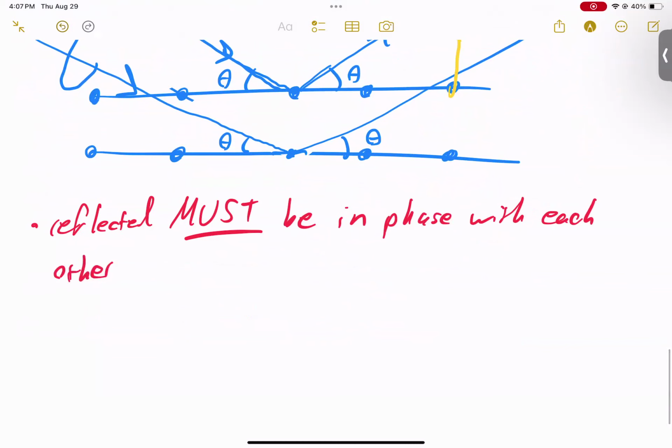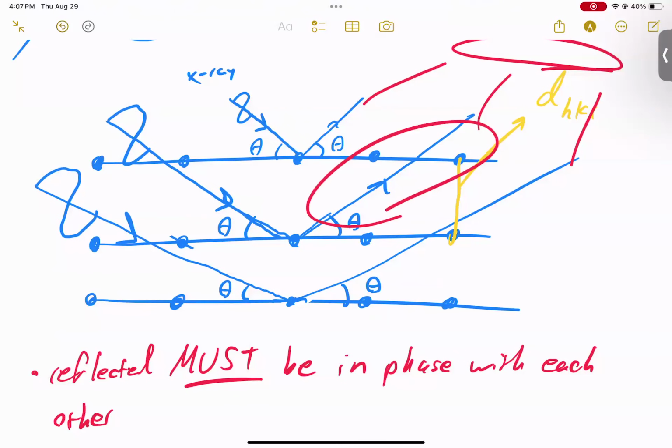Because if they're not in phase with each other, then say, for example, this wavelength might start canceling out with this wavelength, and then in the end, the sensor is not going to have anything to detect. So the only way we can have detection is if all of these waves are in phase with each other.